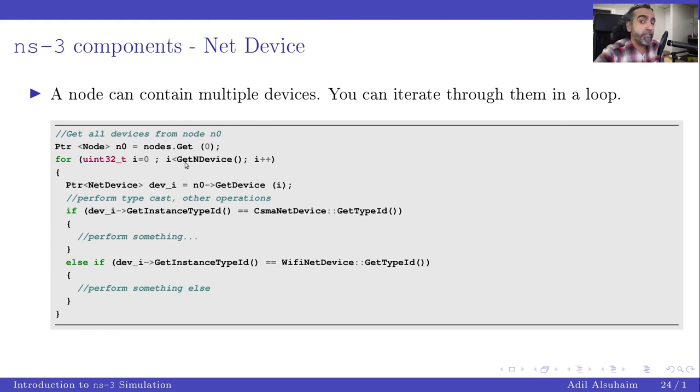This is the number of devices in a node, and then get the device at i, and then do the type checking, and then do the casting if you want to perform the casting and whatnot. Because this is a general net device, it is an abstract class. If you understand polymorphism in C++ or in programming, that's how it's done.